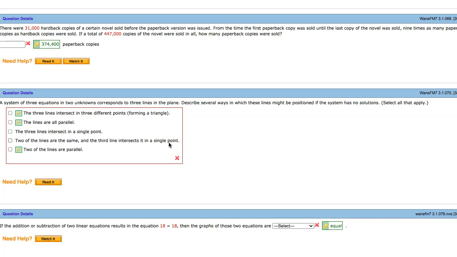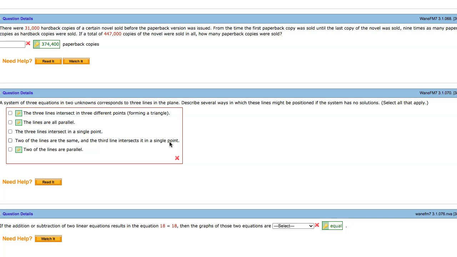Now this cannot happen. 2 of the lines are the same, and the third line intersects in a single point. A system of 3 equations and 2 unknowns. That cannot happen. 2 of the lines are the same, so they overlap, and the third line intersects it in a single point. Well, to me that could happen.